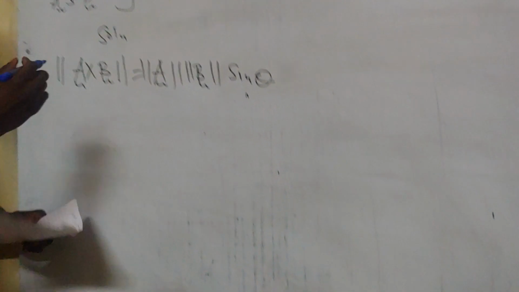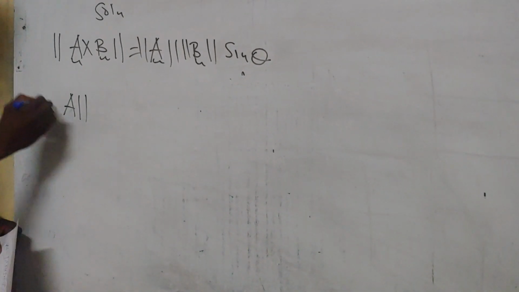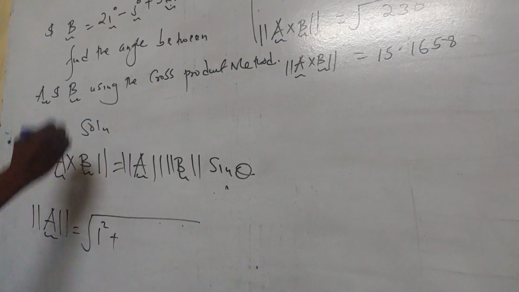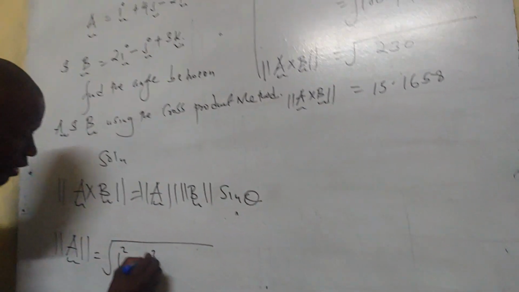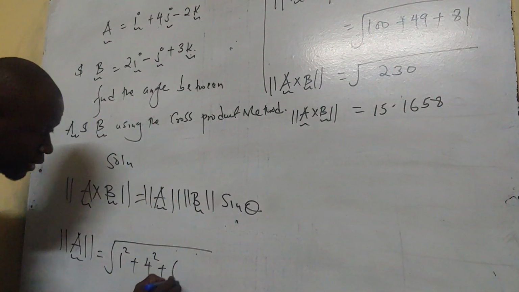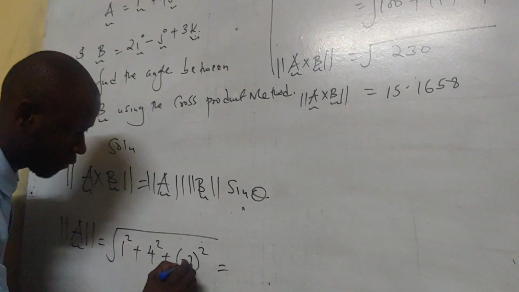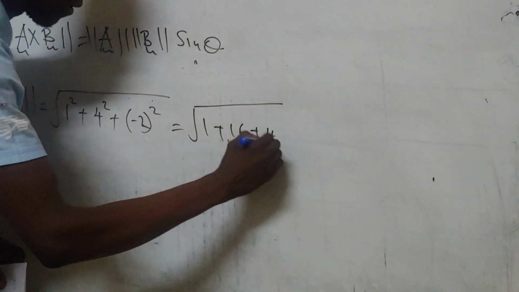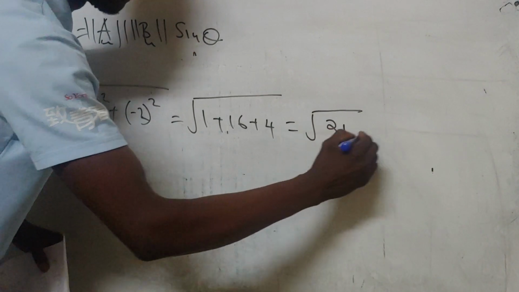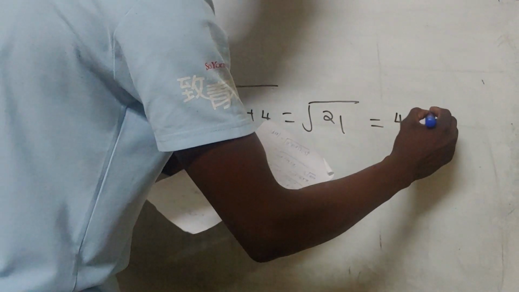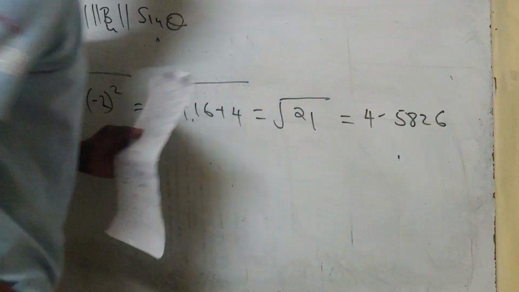Similarly, we can get vector A magnitude, which is the square root of the element of A along i, 1 squared, plus the element of A along j, 4 squared, plus the element of A along k, negative 2 squared. This gives us the square root of 1 plus 16 plus 4, which is root of 21, which to 4 decimal places is 4.5826.